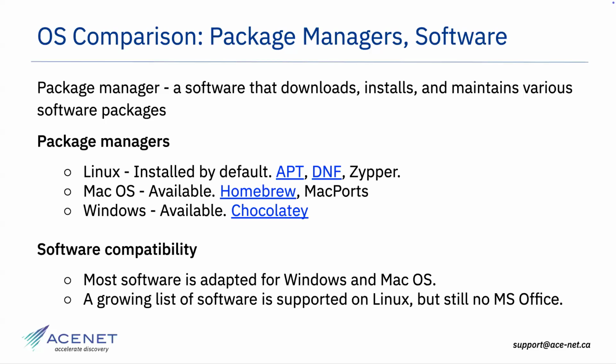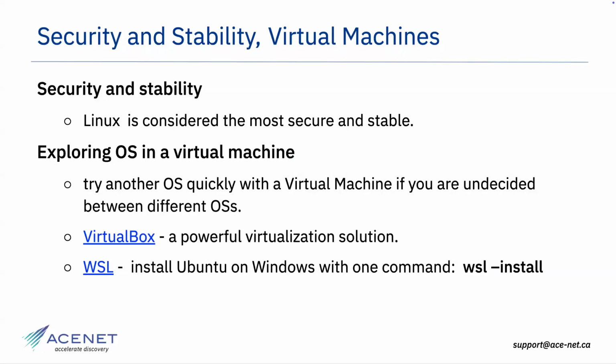All right. So the final features of the operating system we'll discuss are security, stability, and virtual machines. Some GNU Linux distributions are considered the most secure and stable ones these days. The fact that the code is available to everyone isn't really a security threat, as you might think at first, but rather it's an advantage because security and other bugs can be identified and worked on quicker.